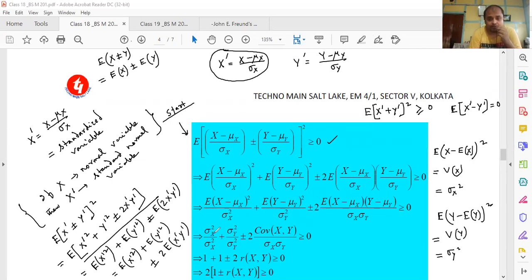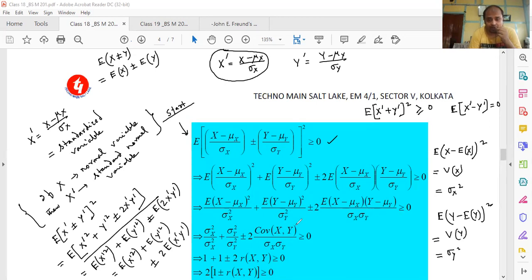So in place of the numerator, we can write sigma x square, and in place of this, sigma y square. So we get sigma x square by sigma x square and sigma y square by sigma y square. Also, just now we have discussed that this is nothing but the covariance of xy by definition, because it is the special case of the product moment. Therefore, in the numerator we write covariance of xy, and in the denominator sigma x sigma y.